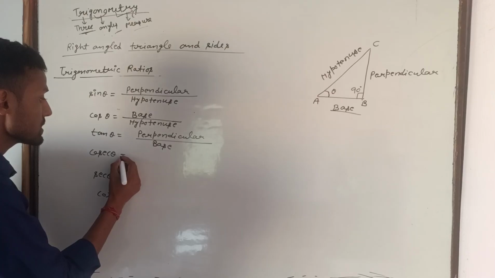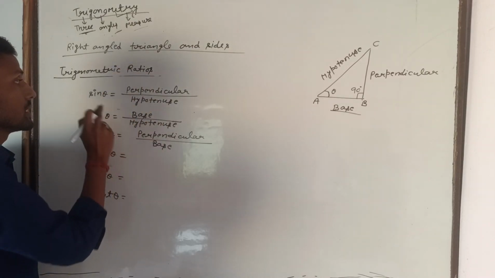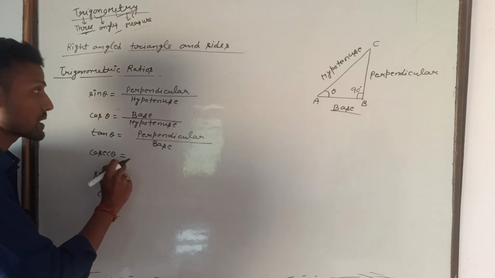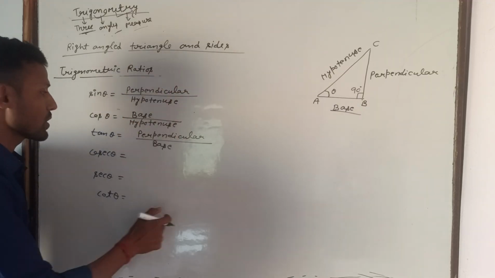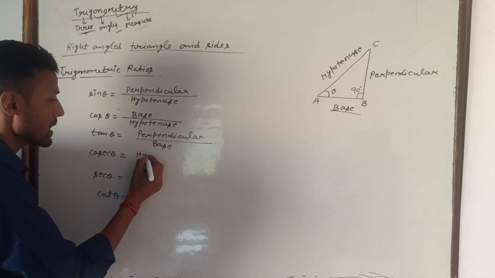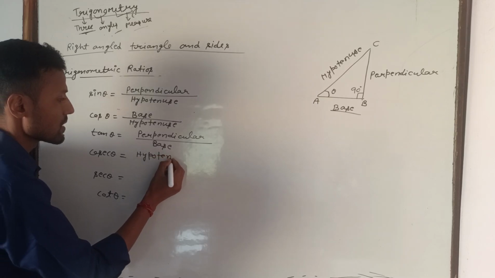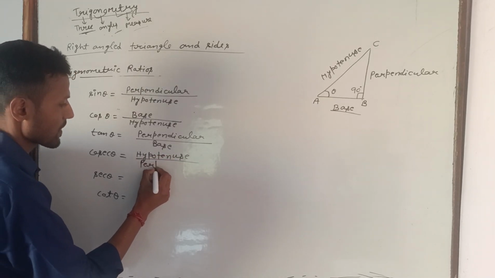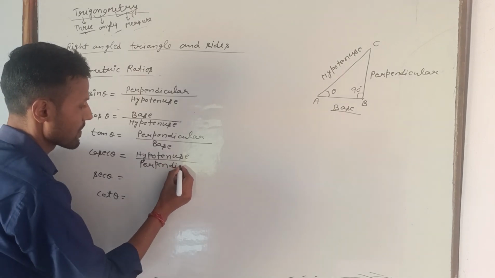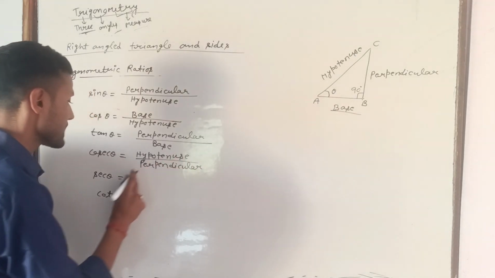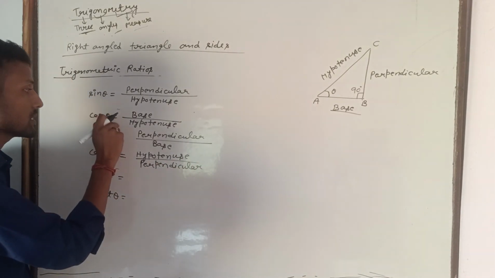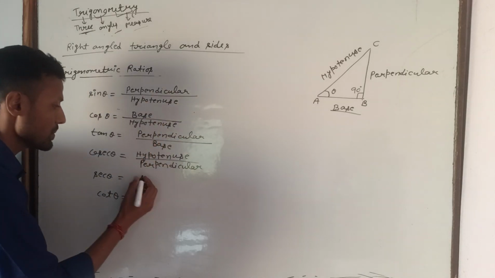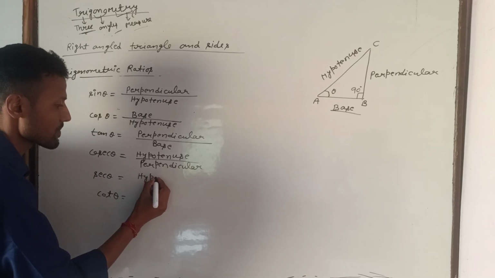And cosec theta is the reciprocal of sine theta. If sine theta is perpendicular over hypotenuse, then cosec theta will be hypotenuse over perpendicular. And sec theta is the reciprocal of cos theta, so it will be hypotenuse over base.